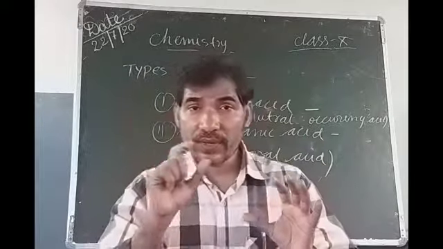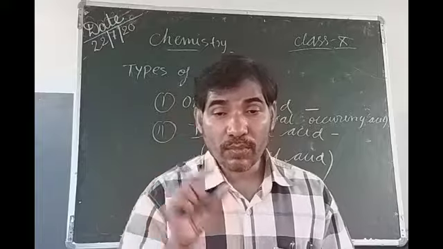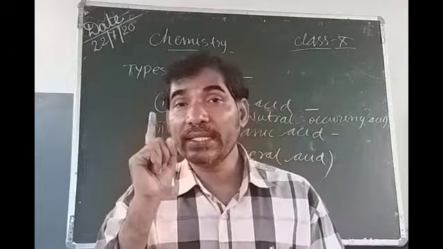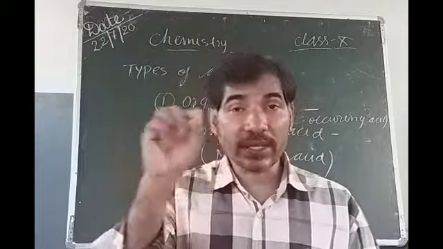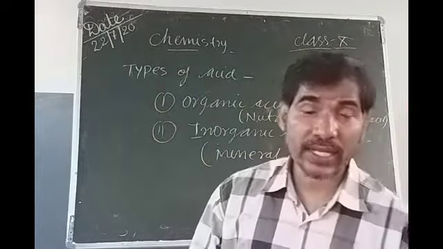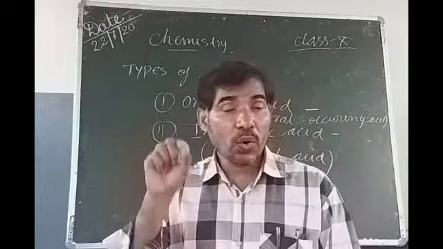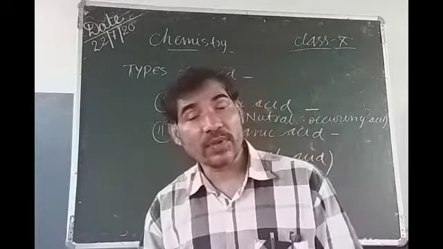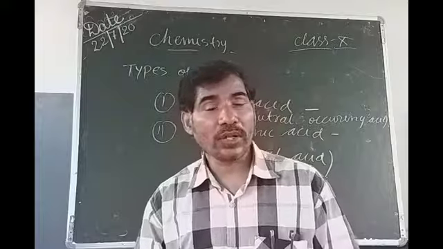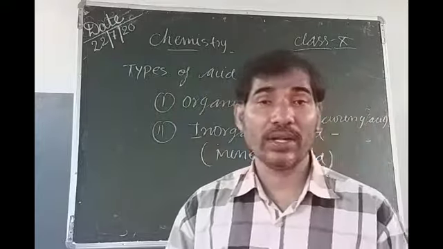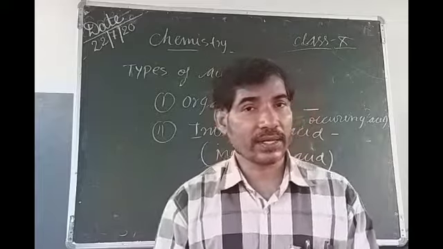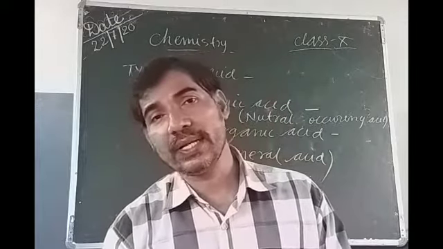Now if a solution has more concentration of acid in comparison to water, then it will be called concentrated acid. But a solution having low concentration of acid in comparison to water will be called dilute acid. So on the basis of the concentration of water or acid, acids are of two types, concentrated acid and dilute acid.